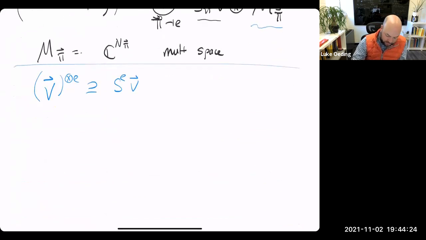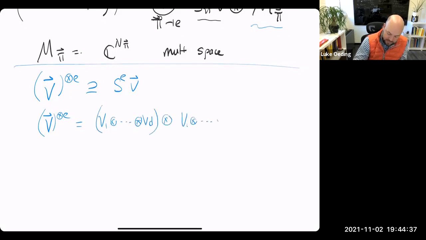On the other hand, this V vector tensor to the E is in the wrong order. It's V1 tensored up to VD, tensored with V1 tensored up to V sub D, E times, the same thing.